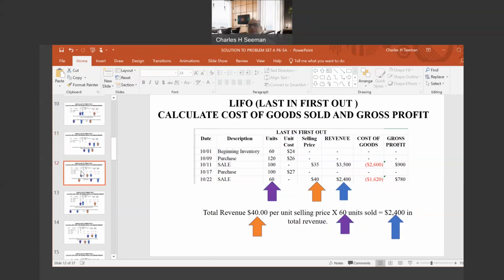The second sale of 60 units. So we sold 60 units for $40 per unit, and that equals $2,400 in revenue.